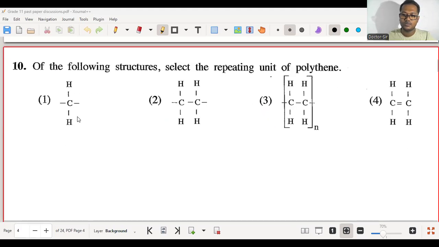This is question number 10. Try to find out the correct answer.